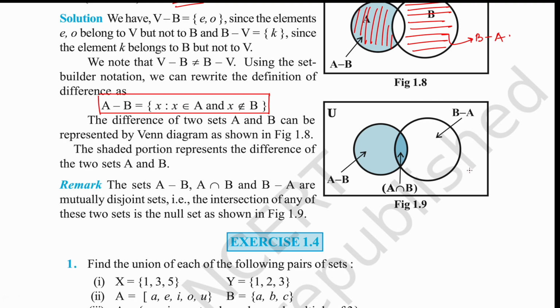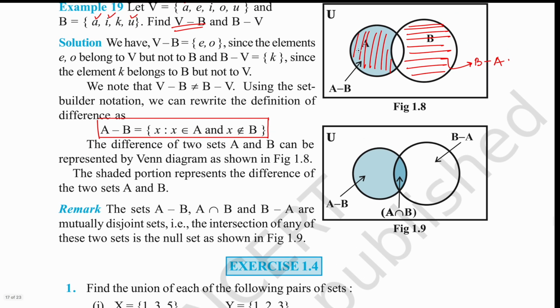Now, if you see, this set was your A minus B. This set was your B minus A. And this set was your A intersection B, isn't it? Now, between A minus B and A intersection B, there is nothing common between the two.